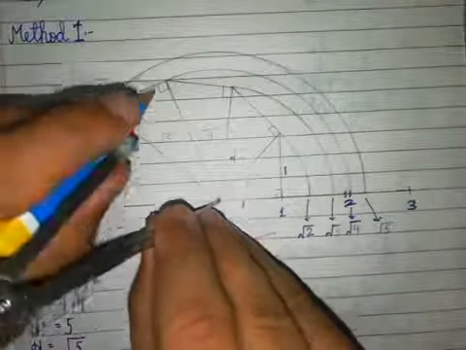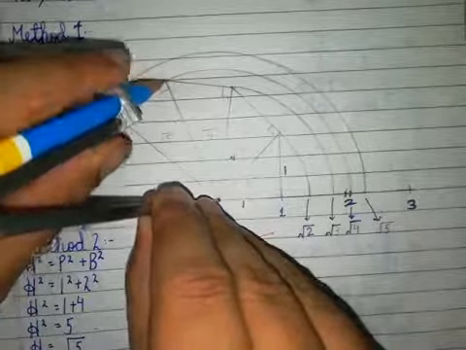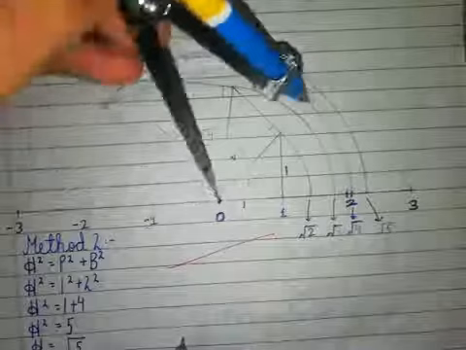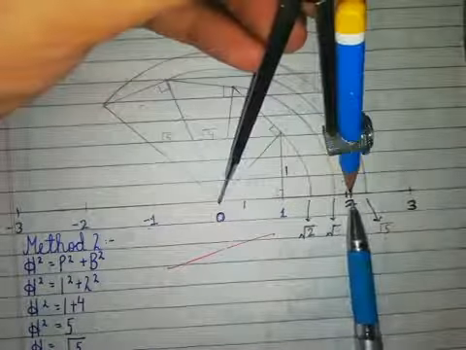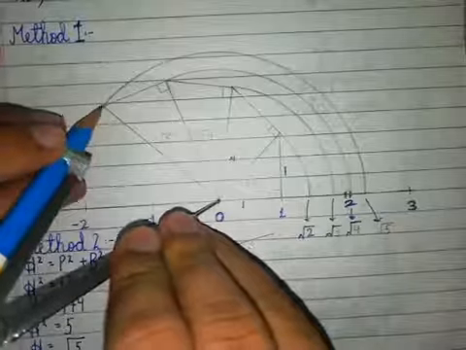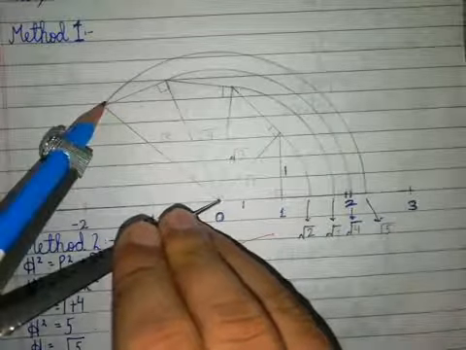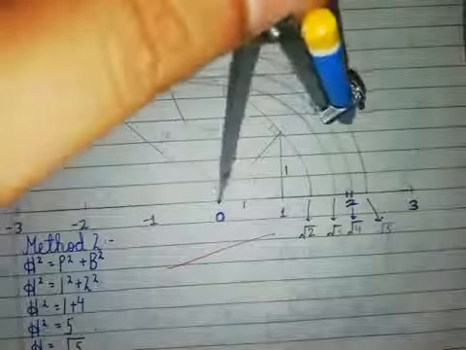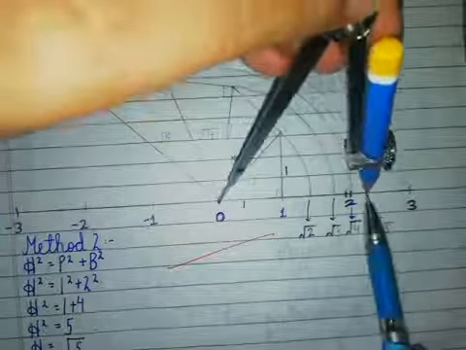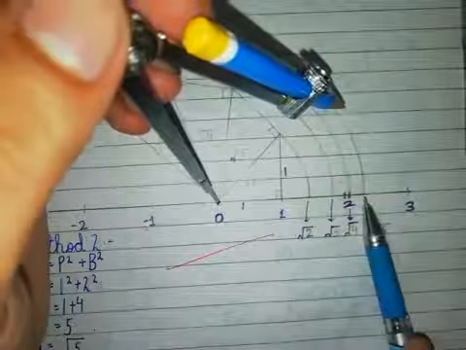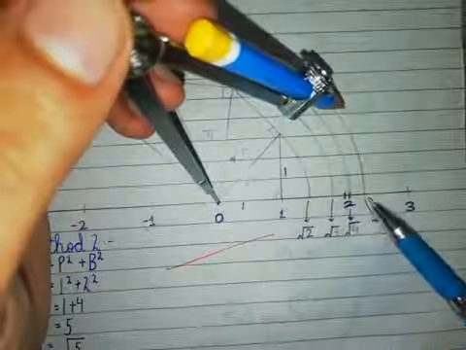Then further under root 4, fill this gap in the compass and mark an arc, okay. Then next under root 5, fill this gap and here also mark an arc, okay. This represents our under root 5. So this point is representing under root 5, okay.